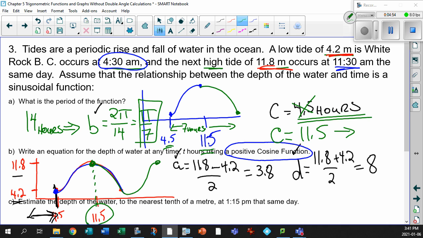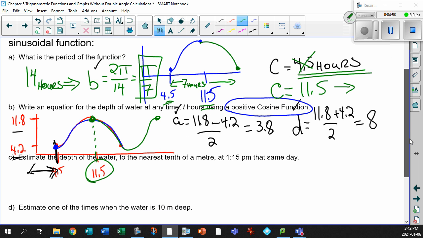So now I can write my equation. I'm running out of room here, so I'll have to write it down here. Writing my equation then would be very, very simple. It would be 3.8. So height as a function of time, 3.8 cos of my b value, which was pi over 7.